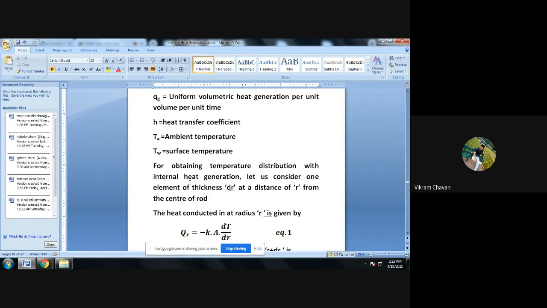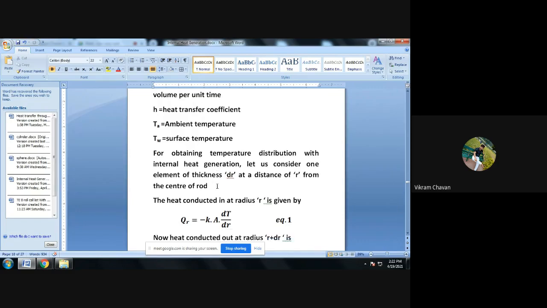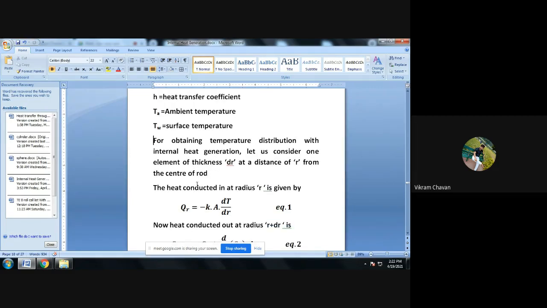So here we can say that q suffix r amount of heat is transferring to that particular element, which is situated at a distance r. So this heat conducted to the element can be given as q suffix r.